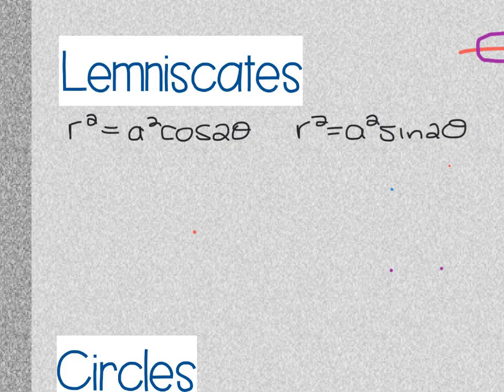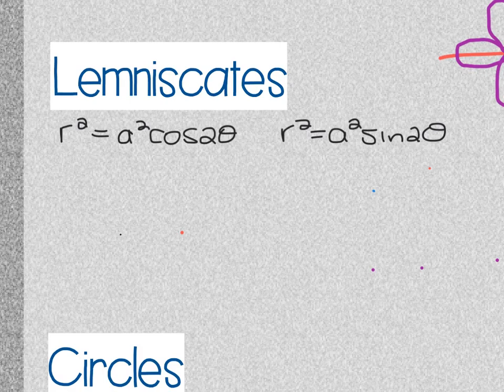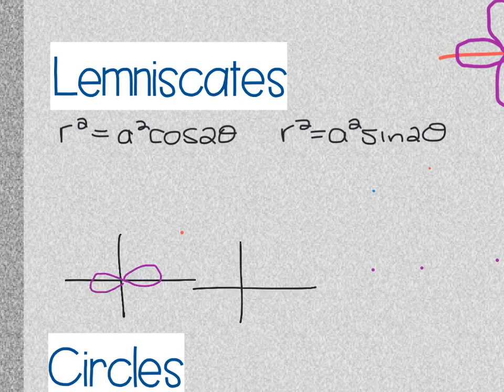They are the only ones that have an r squared. And your lemniscates are your infinity symbols. So they look like either this, or they're vertical and they look like this. Or they are in the first quadrant, third quadrant, or second quadrant, fourth quadrant, anything like that.